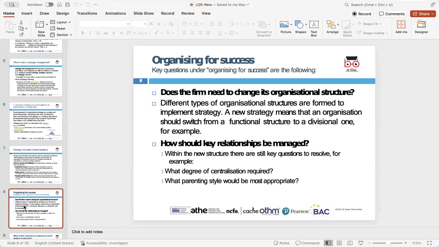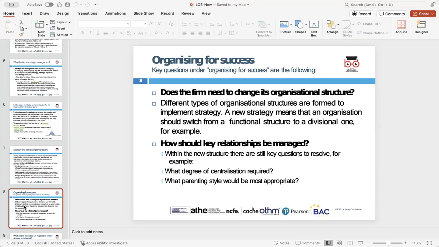Another important aspect is managing key relationships within the new structure. This includes deciding the degree of centralization or decentralization. For example, should decisions be made centrally by the head office, or should individual divisions have autonomy?